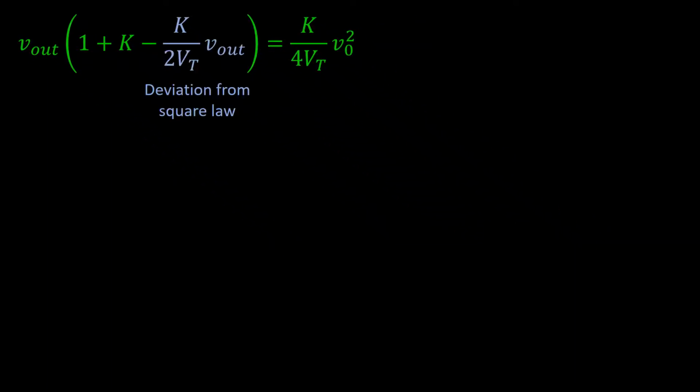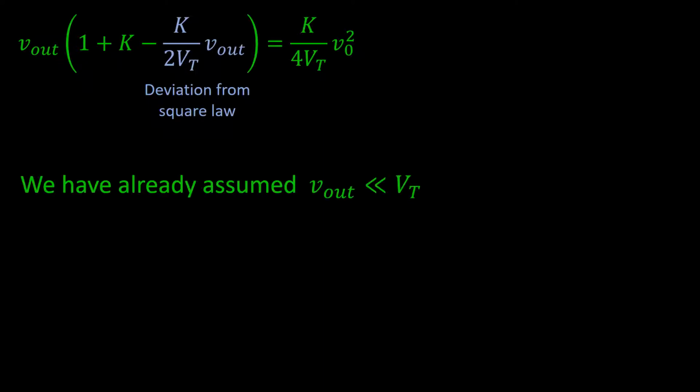And now let us focus our attention on the term that goes with Vout squared. This term makes the dependency between Vout and V0 a bit complex, but in practice it is not very helpful in this model. And the reason is that we have already assumed a small signal regime, which formally implies that the output voltage is negligible in comparison to Vt.